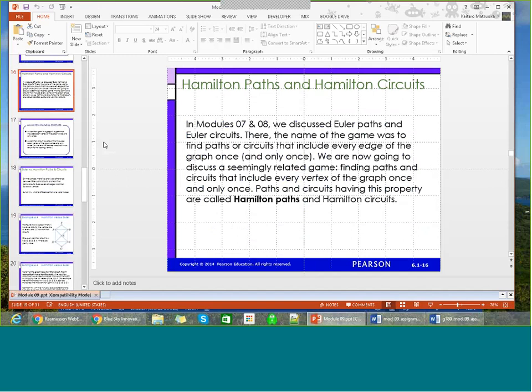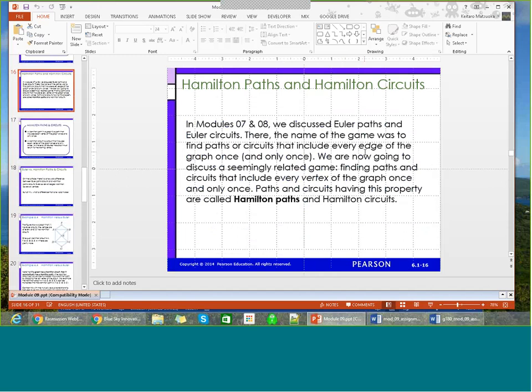We talked about Euler circuits and Euler paths in modules 7 and 8, and the equivalent to that is the Hamilton paths and the Hamilton circuits. The difference is that for the Euler circuits and paths, the name of the game was to find the paths or circuits that include every edge, where you touch every edge once and only once.